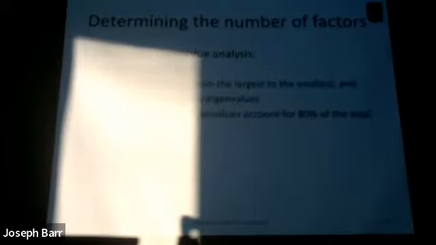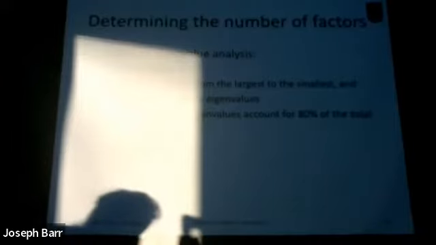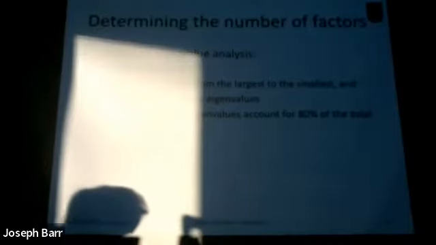We have another method, which is based on eigen decomposition again. The same first step: do the eigen decomposition of the correlation matrix or covariance matrix, and then rank. Just like the first method, we rank eigenvalues from the largest one to the smallest, and you calculate the cumulative eigenvalues.